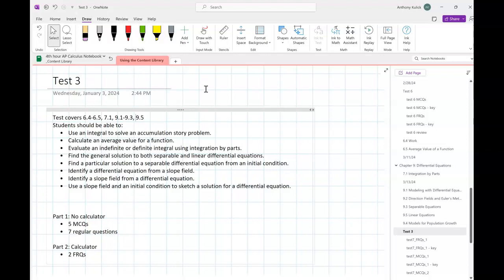If it's a nasty integral, it's going to be in the calculator section, because I expect you to just type it into your calculator and press enter. If it's kind of straightforward and you're just using your antiderivative rules, then I would expect it to be in the no calculator section. So really any of these sections could fall either place. It just depends on how nasty the integration becomes. You know what I mean?